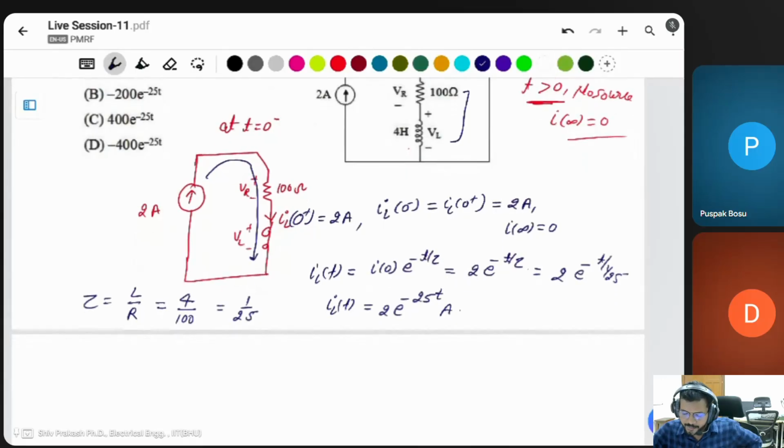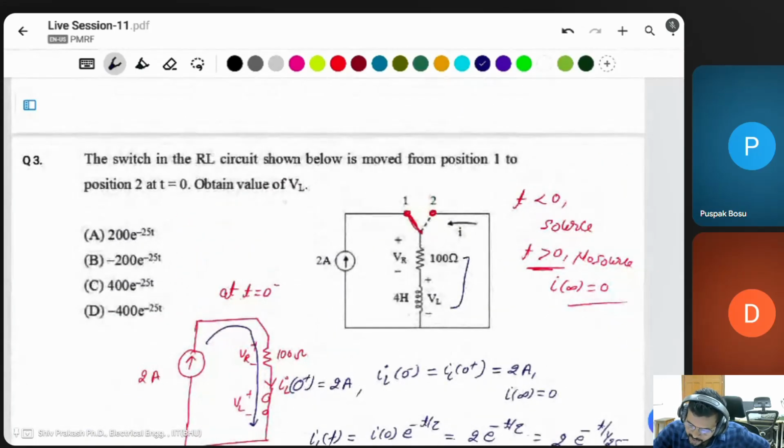But the question is asking about the value of the inductor voltage, not the inductor current. So you have to read the question carefully. First of all, see what the question is asking: current or voltage of the inductor, capacitor, or another resistor.